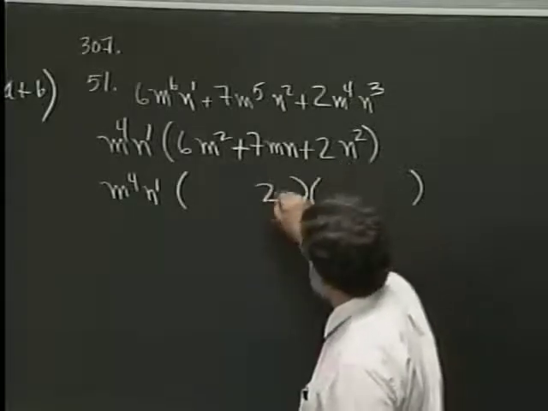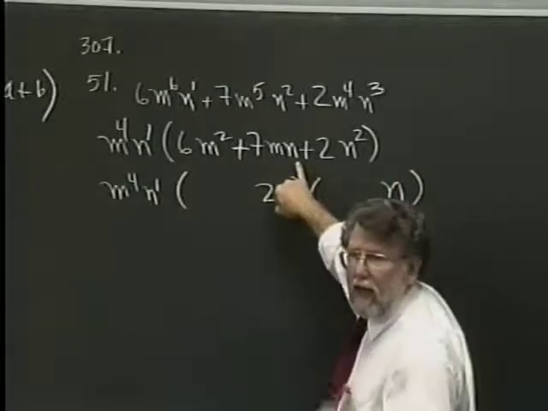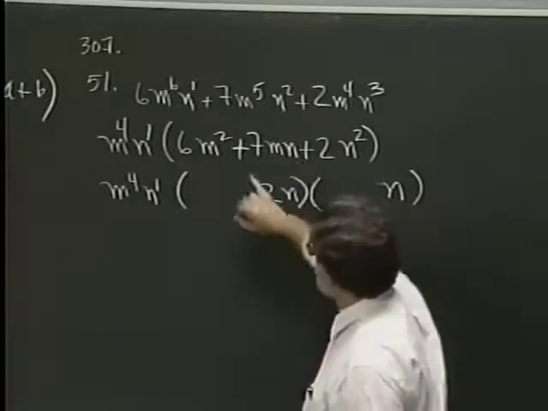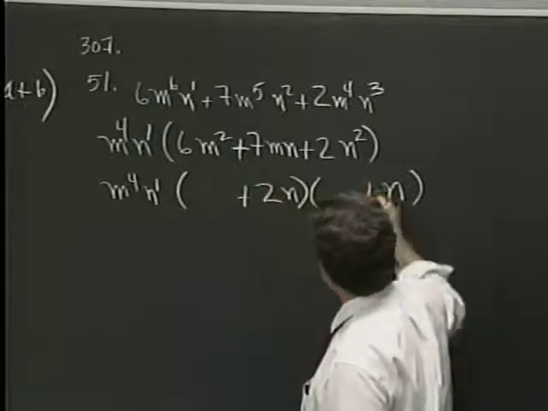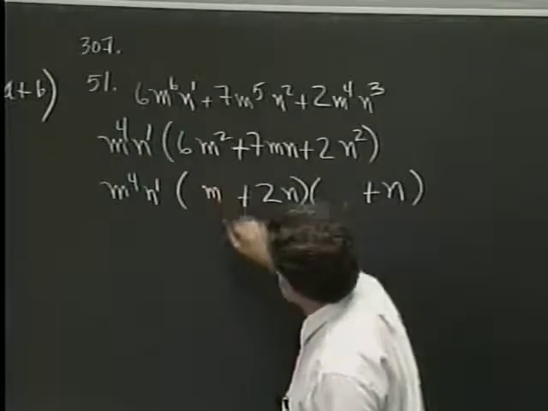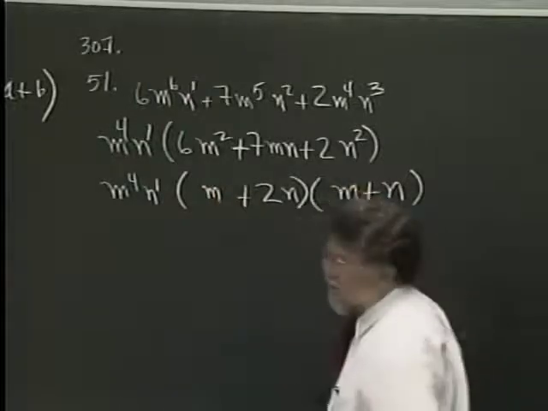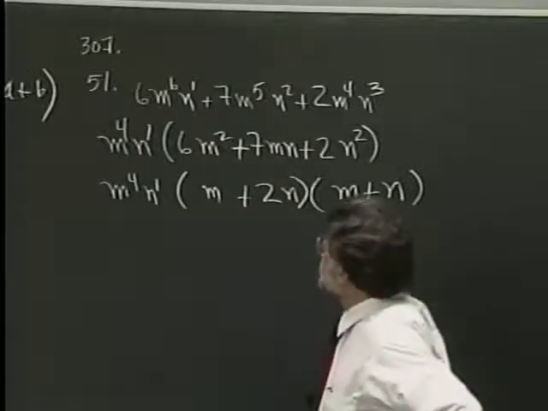It has to be 2n and n. It is a plus sign, so you're talking about a sum. And since the middle term is plus, I must have a plus for each of those. I know that I have to have m and m.